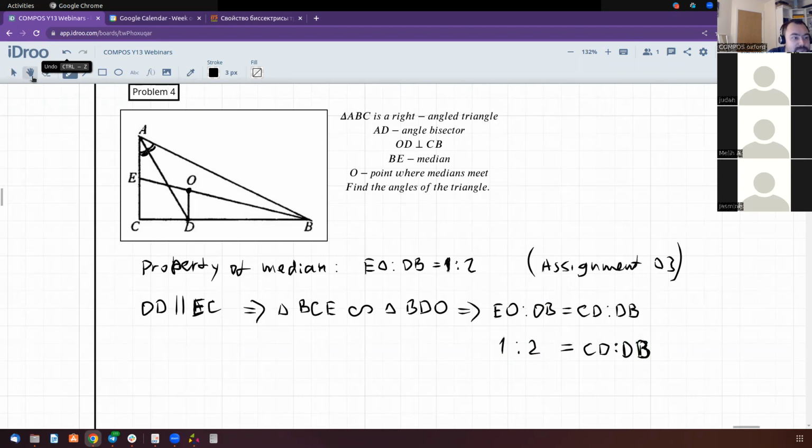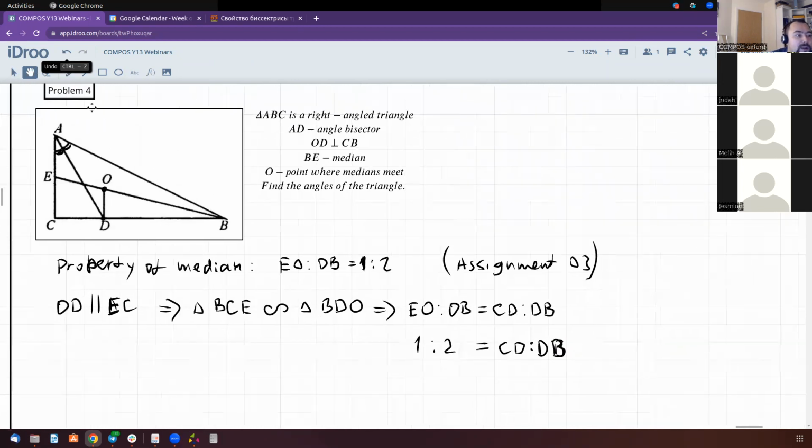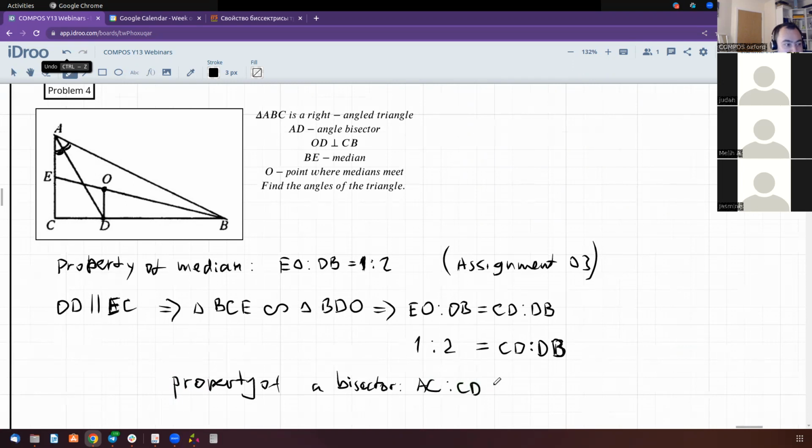Okay, moving on. Using the property of a bisector, AC to CD is equal to AB to BD. No, why am I doing that?